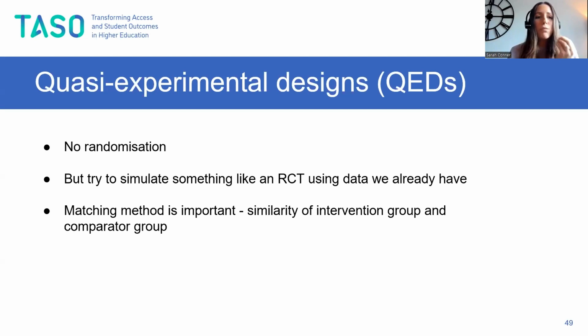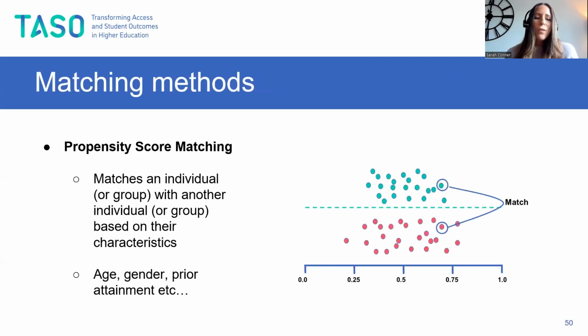So you need them to be really similar in characteristics so that you can still make causal claims about an intervention. I'll touch briefly on some matching methods. There's something called propensity score matching, or PSM, where you match an individual pupil, or perhaps a whole class, if we're talking about class level, with another individual or another class based on their characteristics.